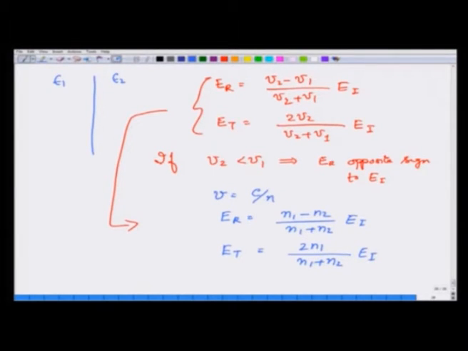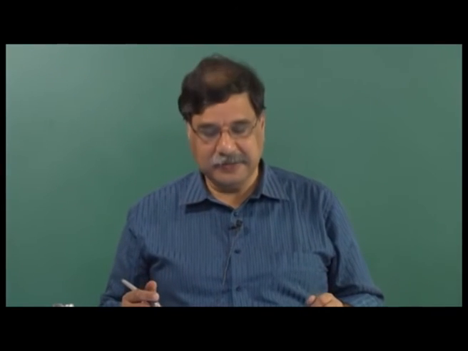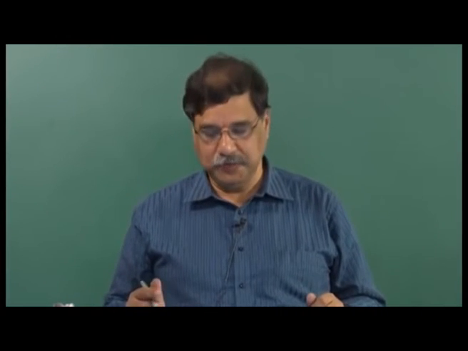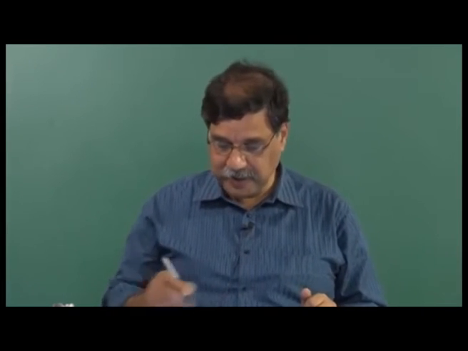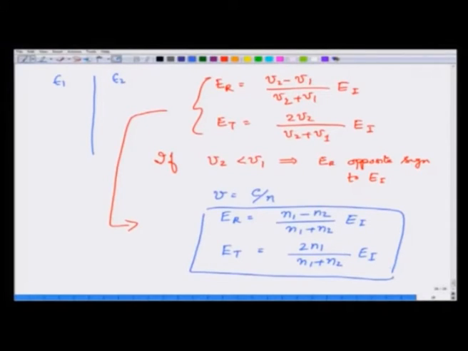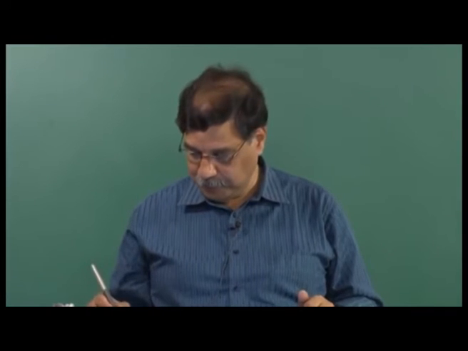Again, you notice that if N 2, that is the medium 2, has larger refractive index than medium 1, the reflected wave has a phase change. This you have been taught in your 11th and 12th grade, but now we see that these arise basically from the boundary conditions on electric field and magnetic field.